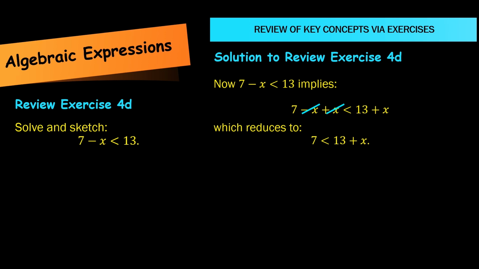And then subtracting 13 from both sides in order to have the x's on one side and the constants on the other gives us minus 6 is less than x once we've tidied up. So 7 minus 13 gives us the minus 6. The 13's cancel, and we're left with just the x.